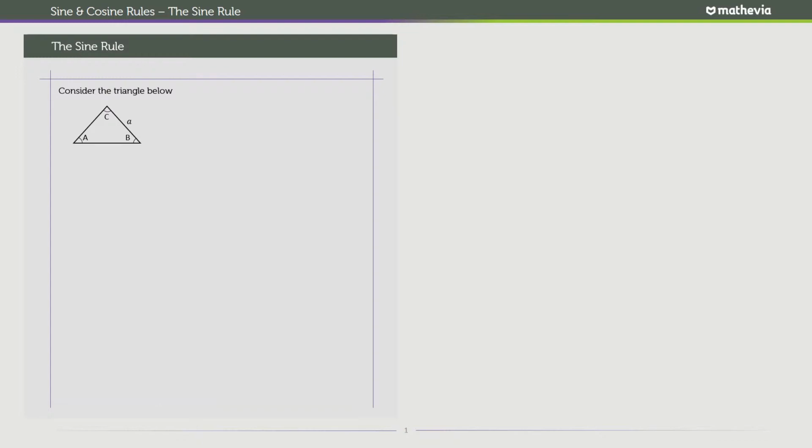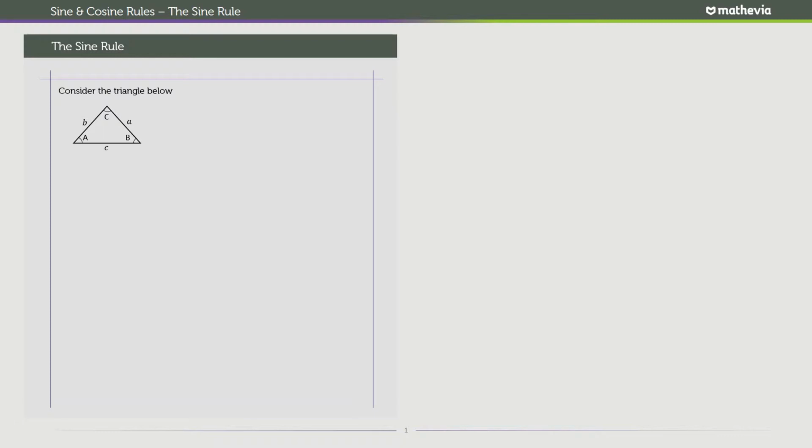I'm going to do the same thing for B. Look at the side opposite B and label that small b. And then finally you have the angle C at the top there, and the side facing C is small c. So we have three angles, capital A, B, and C, and three corresponding sides facing each of these angles, labeled small a, b, and c.